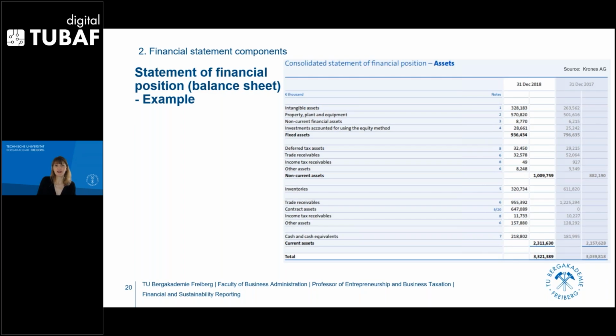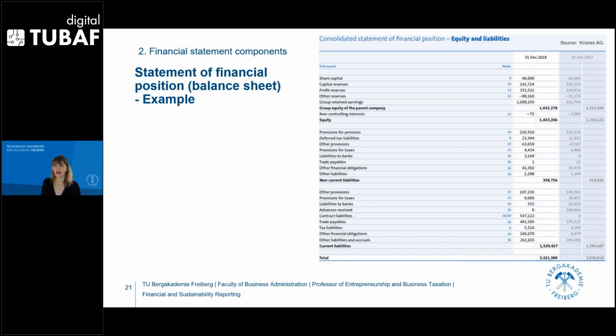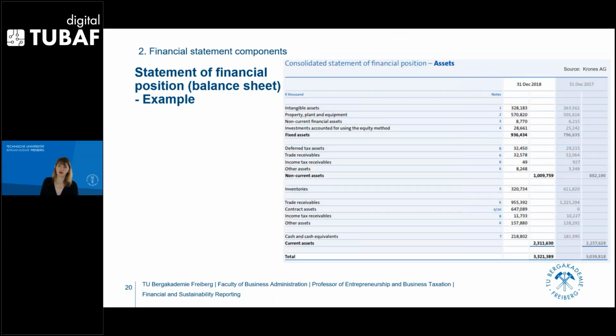For example, in a consolidated statement of financial position, we first have the assets, followed by equity and liabilities. So we have one part of the balance sheet, which consists of the assets, and it starts with the non-current assets and the current assets, but that's not mandatory. It could be the other way around.